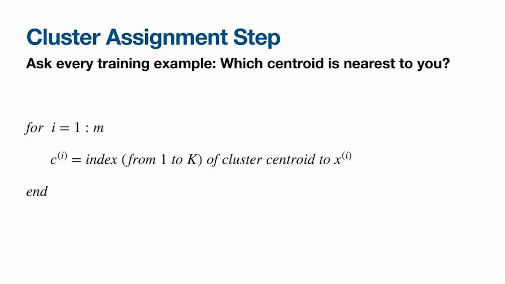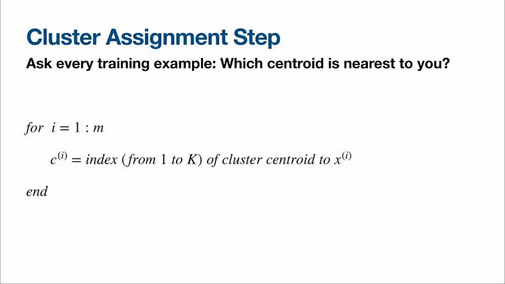That is, the distance between the first training example and the fifth cluster centroid is the minimum compared to the other cluster centroids. That is, the fifth one is the nearest one. So for the first training example, i equals 1, the cluster centroid assigned to it is the fifth one, that is k equals 5.